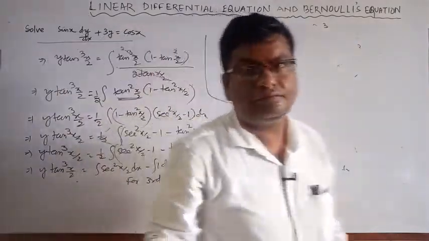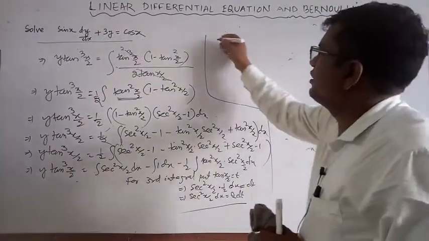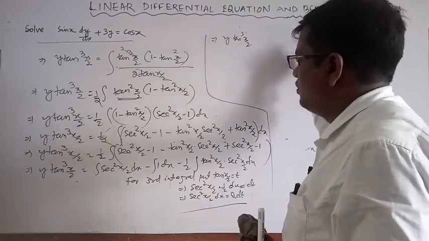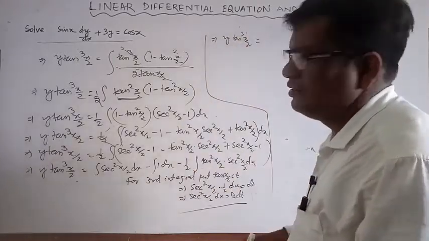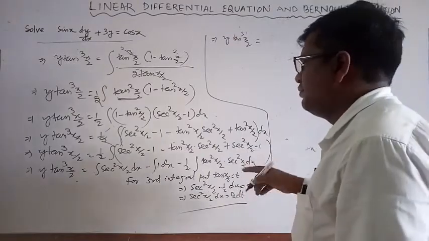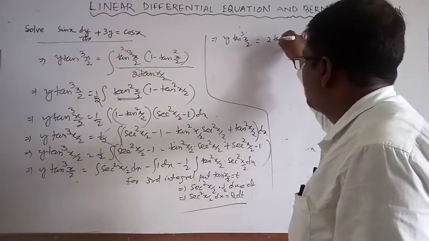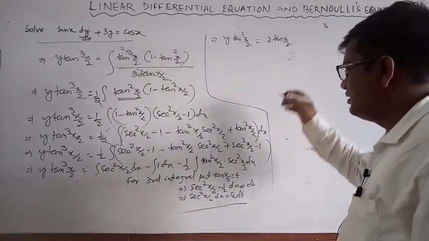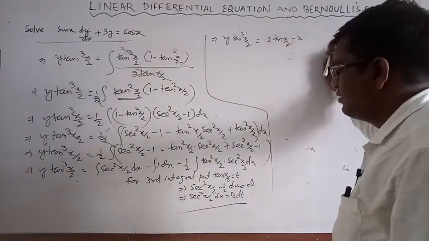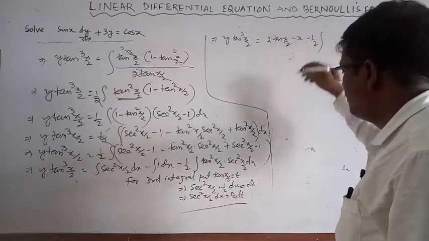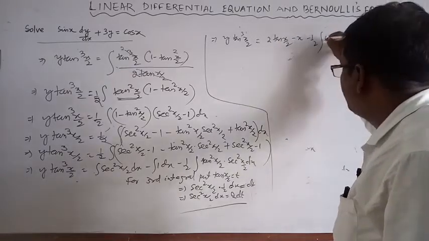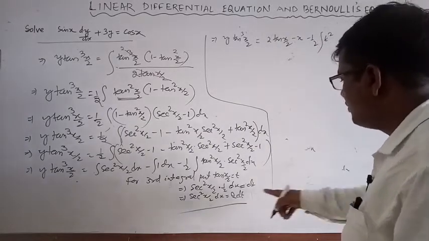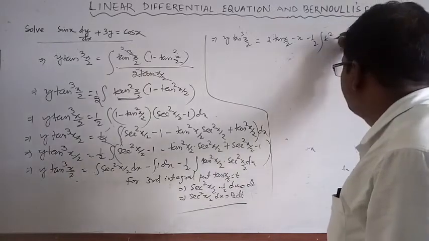Now that implies y into tan cube x by 2 is equal to integration of sec square x by 2 with 1 by 2, that is 2 tan x by 2, minus x, and minus 1 by 2, and this is t square into sec square x by 2 dx, that is 2 dt.